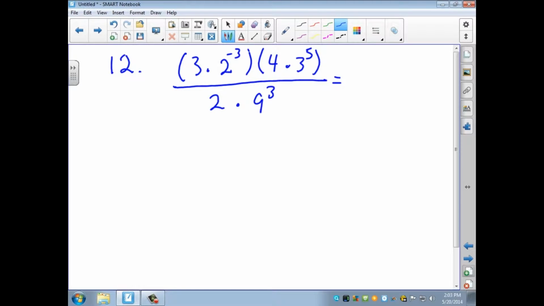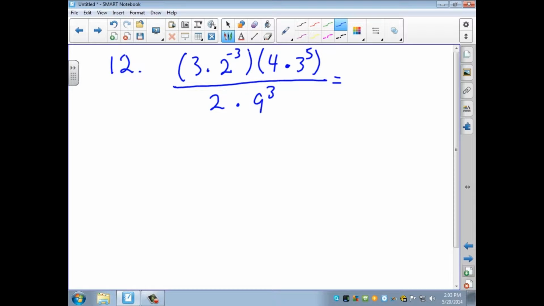The problem says evaluate the expression. So we want to evaluate this expression, right? Combine the like terms using the properties of exponents we have learned.